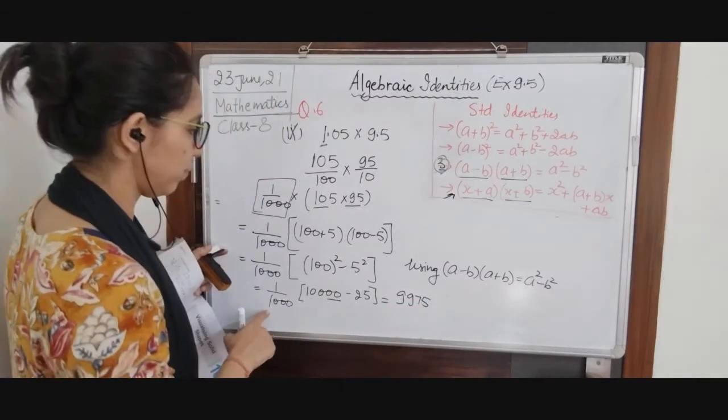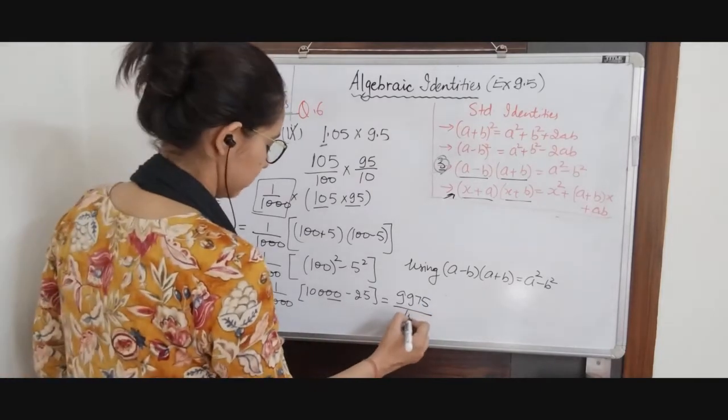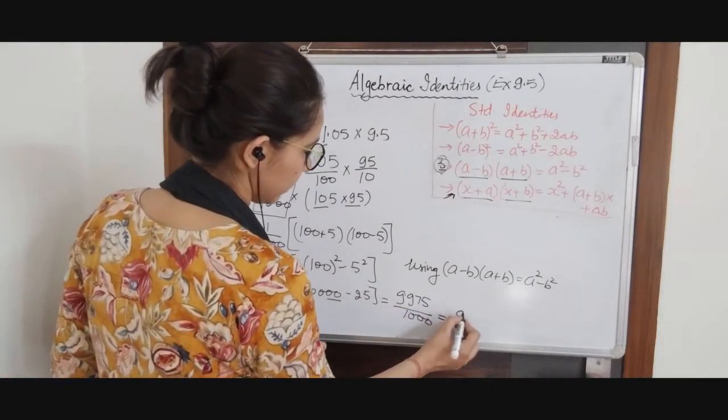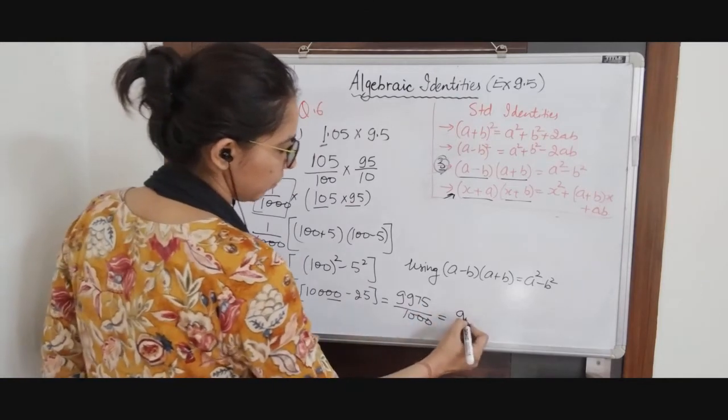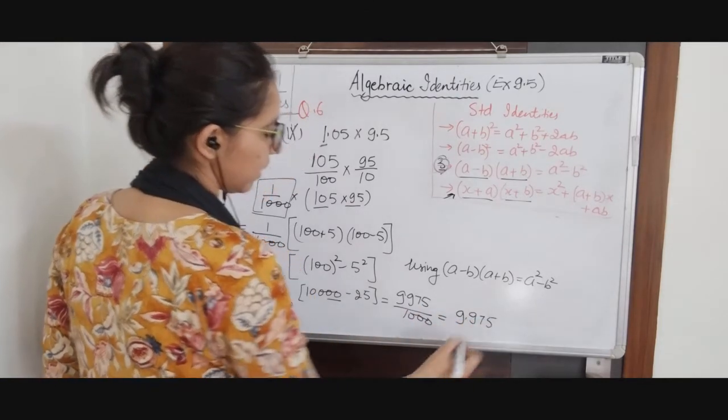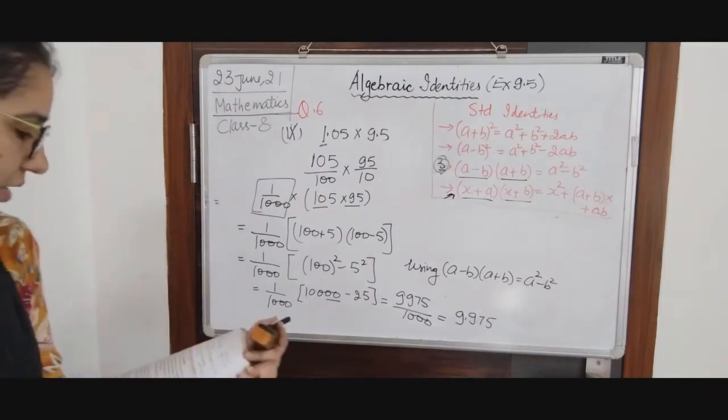But before the bracket we have 1000, so we are going to put the decimal before 3 numbers from the right. It will be 9.975. This is our required answer.